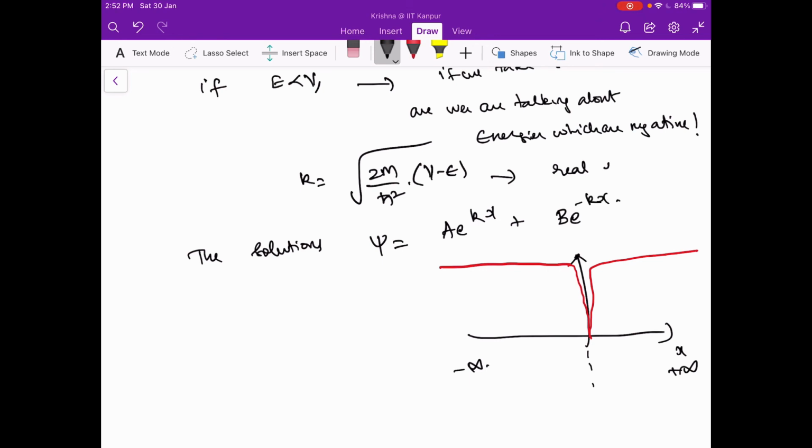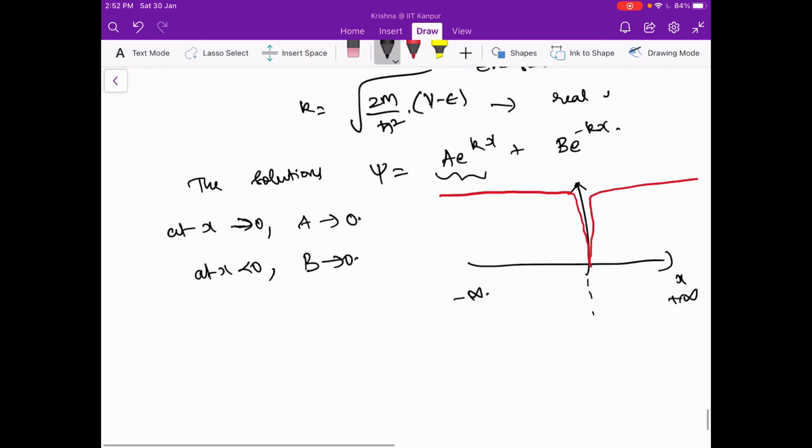And obviously at x greater than 0, A has to be 0, because then the wave function explodes to infinity. So we cannot have the first term present in the region x greater than 0. And at x less than 0, obviously B should go to 0, right?